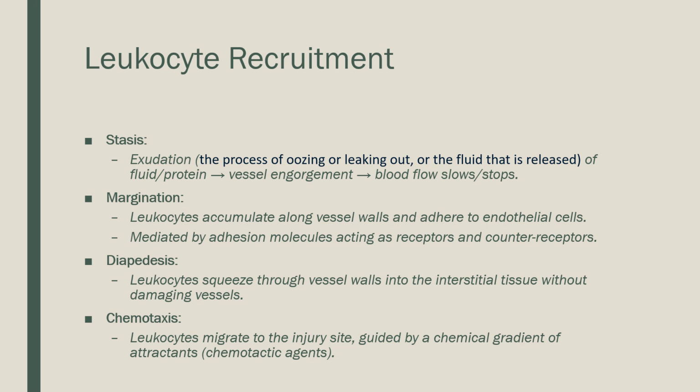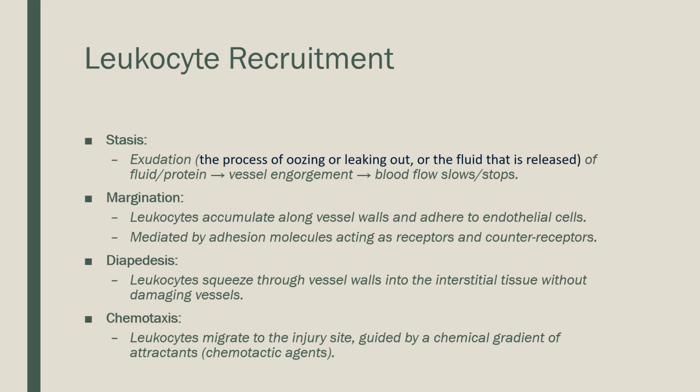Some of the key steps in leukocyte recruitment include stasis, where exudation, the process of fluid oozing or leaking out, releases fluid and proteins, which leads to vessel engorgement, which leads to blood flow slowing down or stopping.